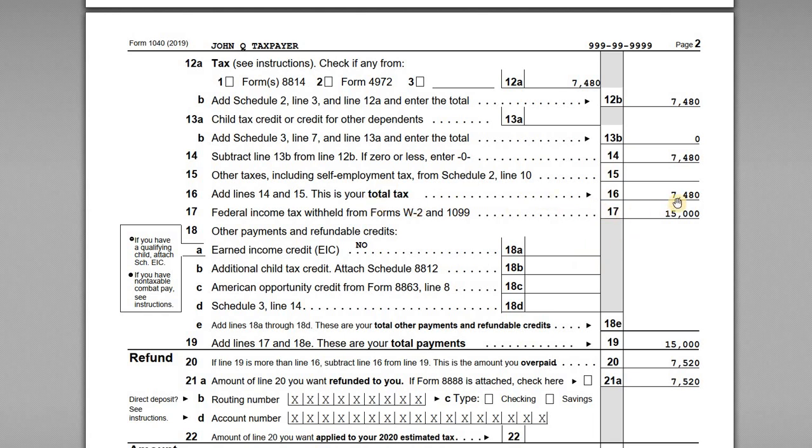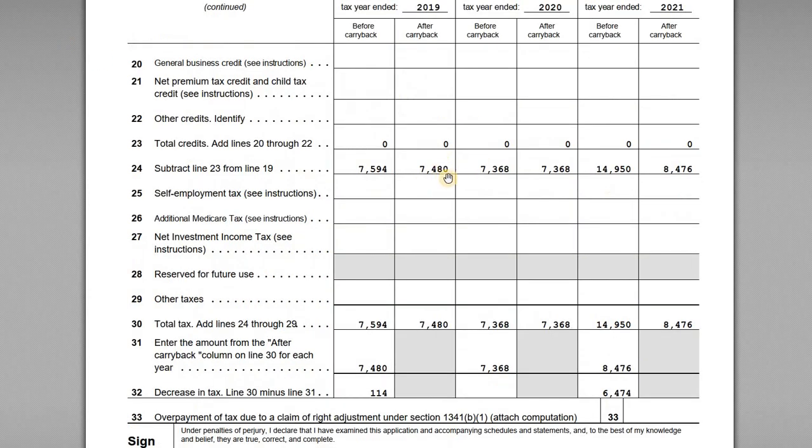The total change in tax now, $7,480. And so he's indicated $7,480 there, right? And so then we take the difference to figure out how much of a decrease in tax there was. So for 2019, not much of a decrease, right? Only $114, but that's again because he only had $650 of gain for that year.